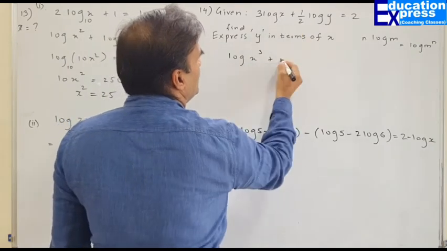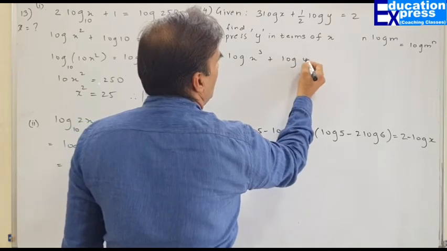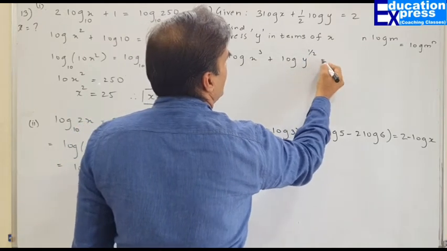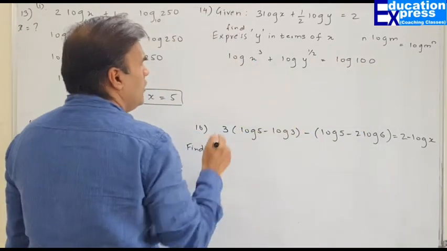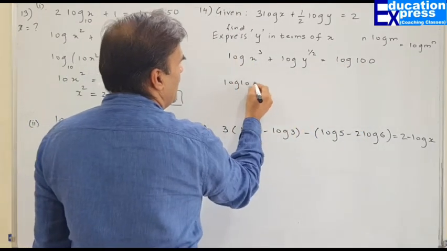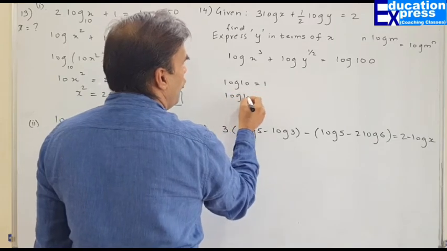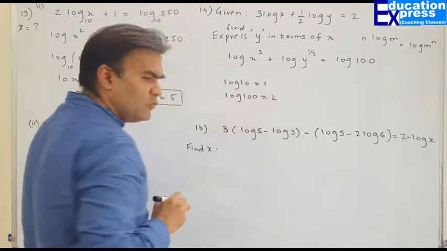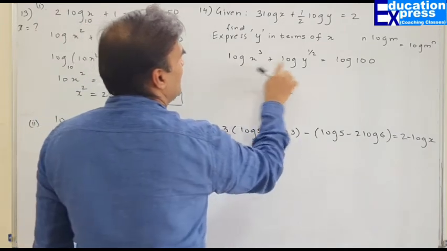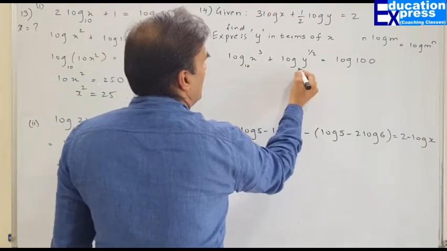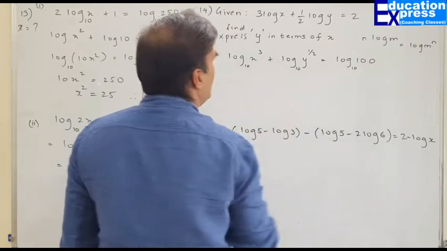log of y raised to half, which equals log of 100. Why 100? We know log 10 equals 1, log 100 equals 2. The value is known to us, so we are writing the same value. Since base is not given everywhere, base by default is going to be 10.